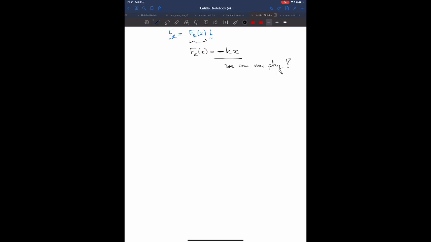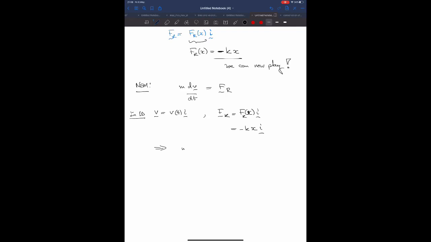In particular, we can now play the game with Newton's second law. So Newton's equation of motion is then this: m for the mass, dv by dt, equals F with the restoring force in there. And then, of course, in 1D, v is this, and F_r is equal to F_r of x i, which is equal to minus kx i.